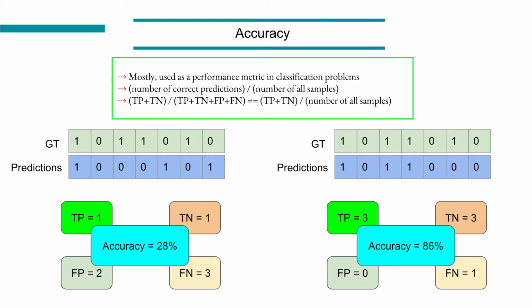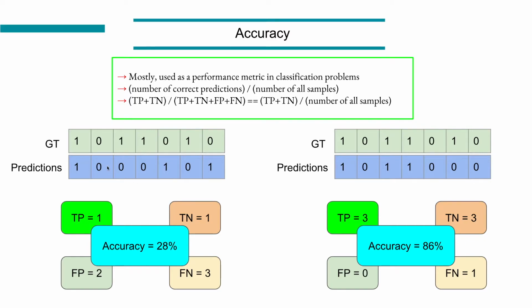So here are some other examples. Let's take a look at this one. Our prediction predicted these samples as positive, and only one of them was actually true. That means true positive is 1.